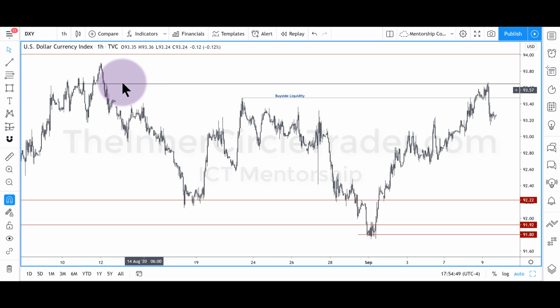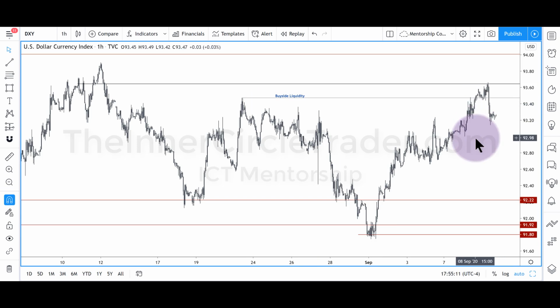But we have the original buy side liquidity here at this consolidation, trading down, took the sell side liquidity here, smart money reversal, and then we start building on long positions to take out this area of buy side liquidity. So until that occurs, we are bullish.